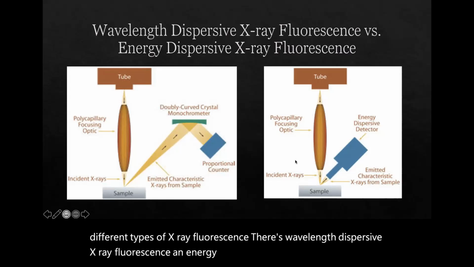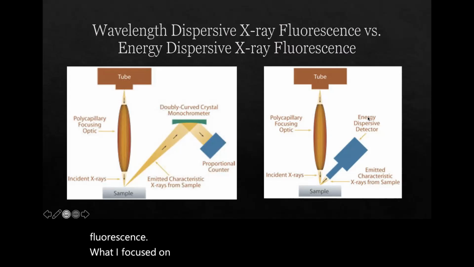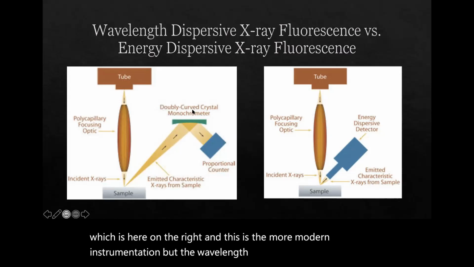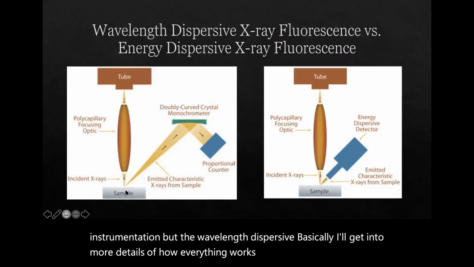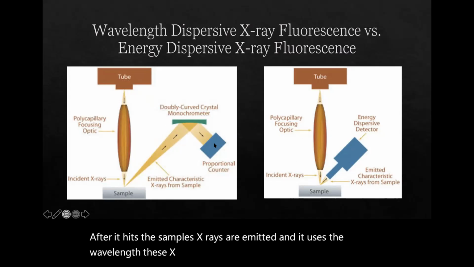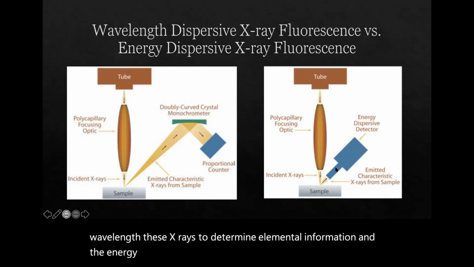I focused on energy dispersive X-ray fluorescence, which is here on the right, and is the more modern instrumentation. In wavelength dispersive, after X-rays hit the sample, X-rays are emitted and their wavelengths are used to determine elemental information. The energy dispersive uses a detector and detects energy.